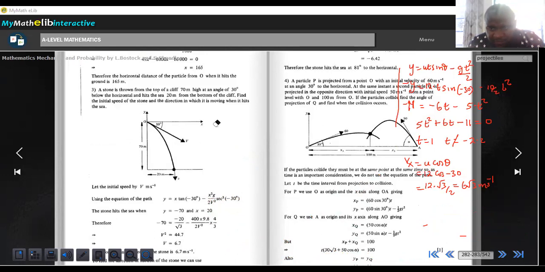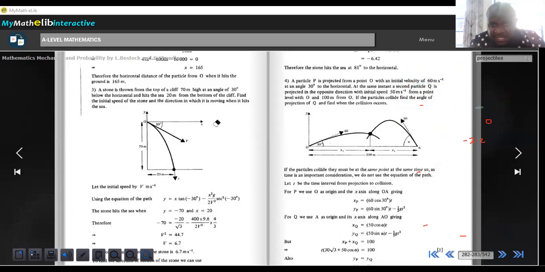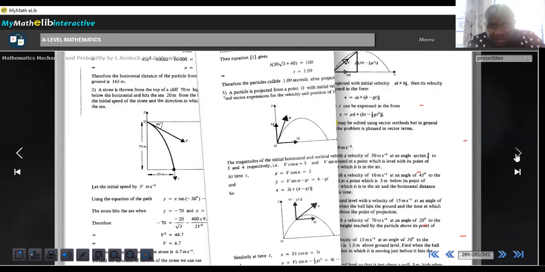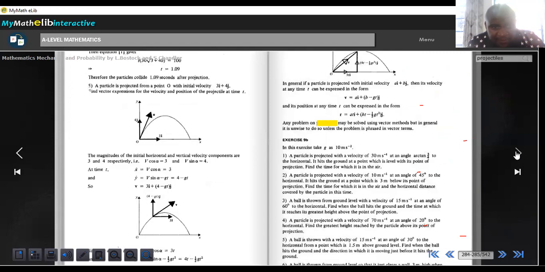You just go through them. By the time I come to go through simultaneous projection, you have an idea of what I was trying to say. So screenshot that. But you also have Bostock, like I said. So the projectile topic is on page 267. So also get this exercise 9B.